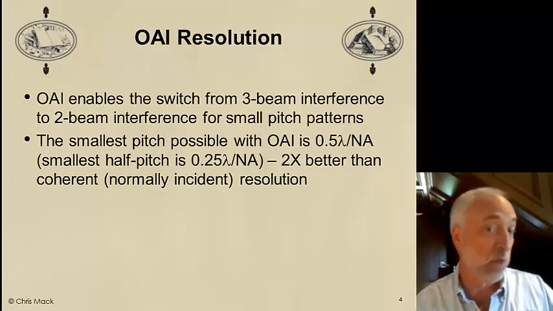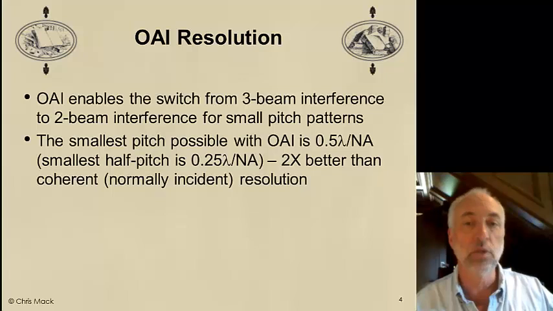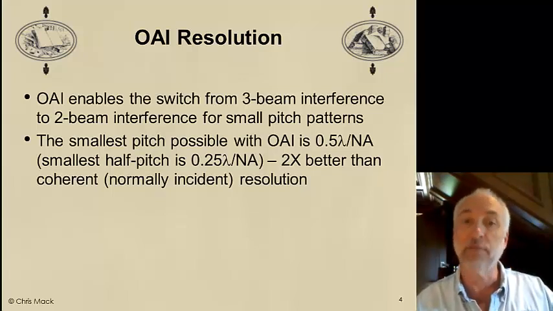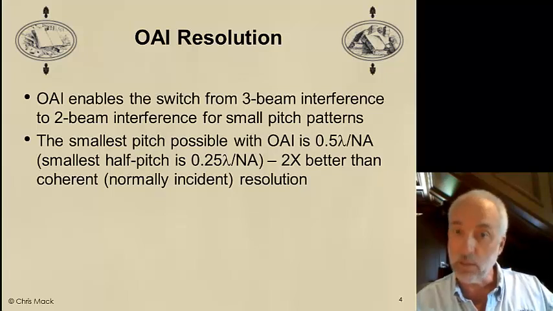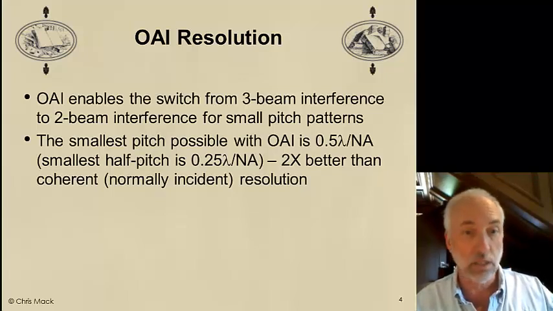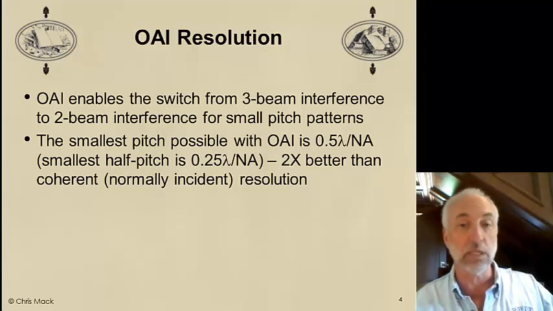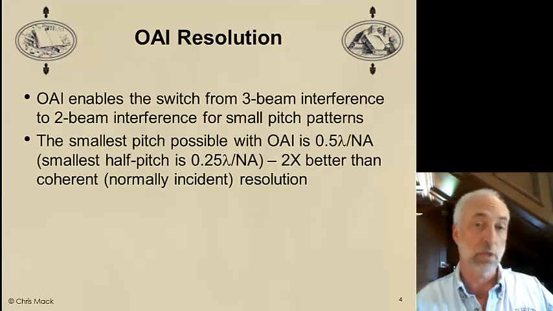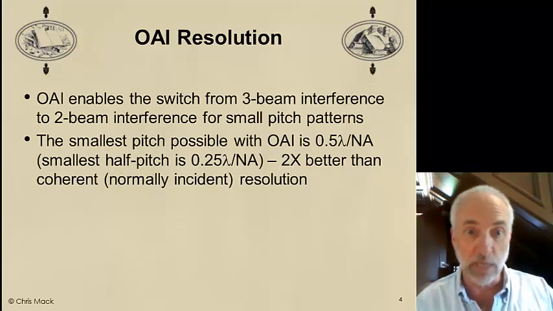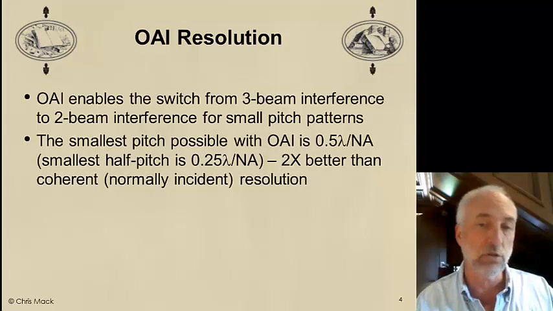That means the smallest half pitch that is possible is 0.25 lambda over NA. We derived that in a previous lecture. And we saw that this was twice as good as we could get from 3-beam imaging using coherent or normally incident illumination. So by properly tilting the illumination, we can double the resolution, improve the resolution by a factor of 2.